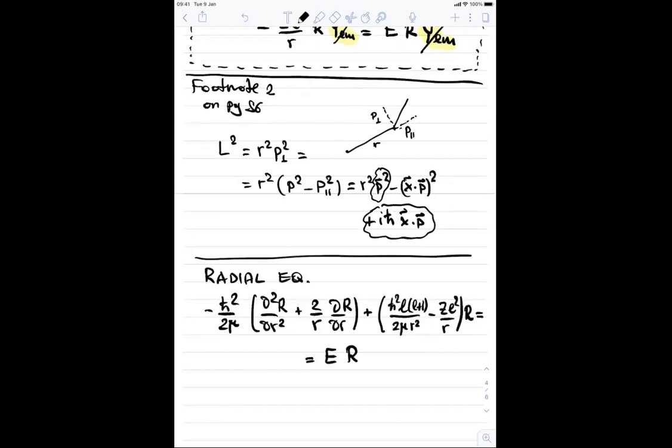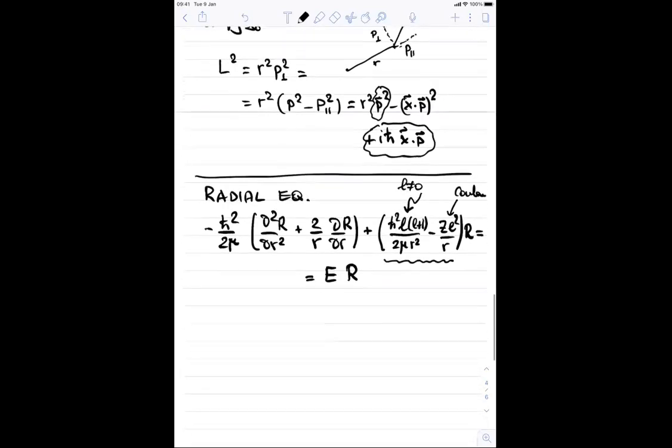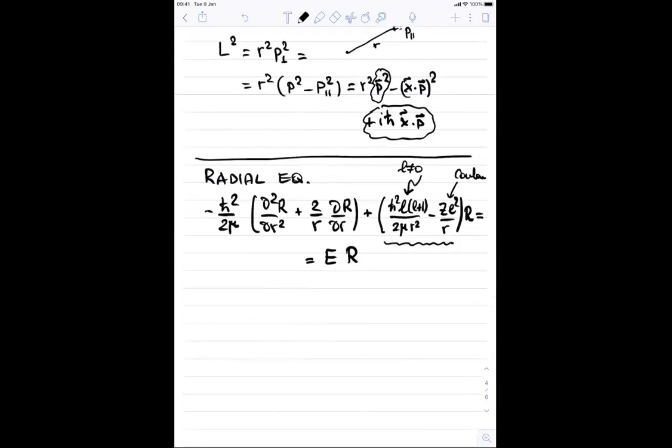Now you see that the angular momentum gives a contribution to what you might call an effective potential, okay? The effective radial potential contains the Coulomb part and contains, for L different from 0, what is called the centrifugal part. Physically, the meaning is the following.